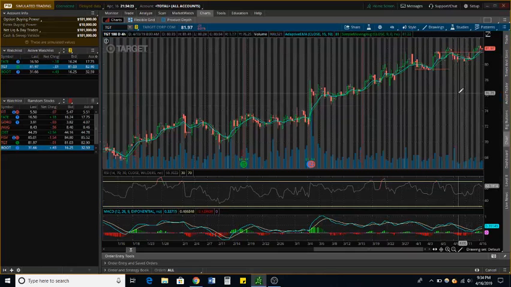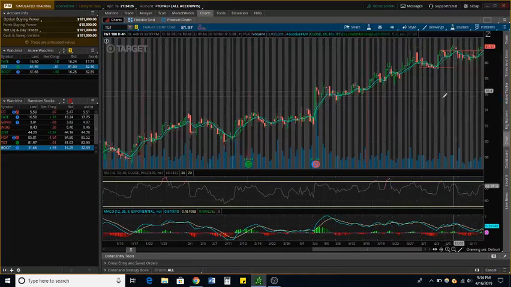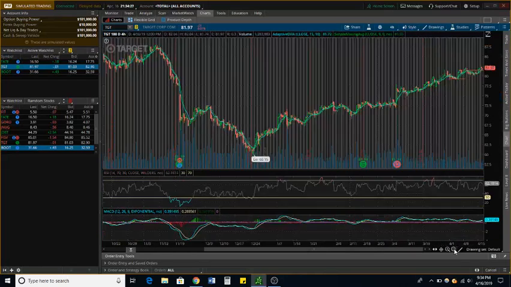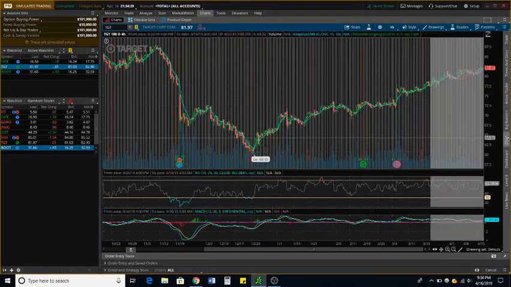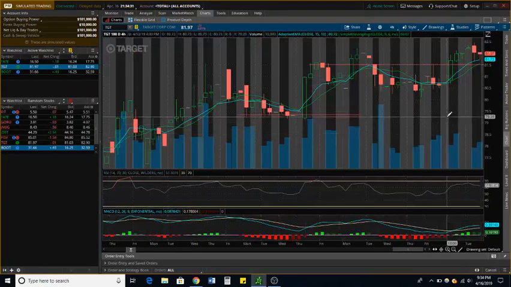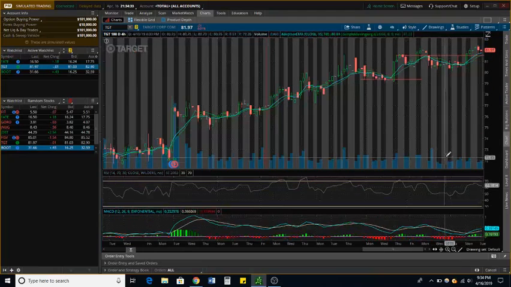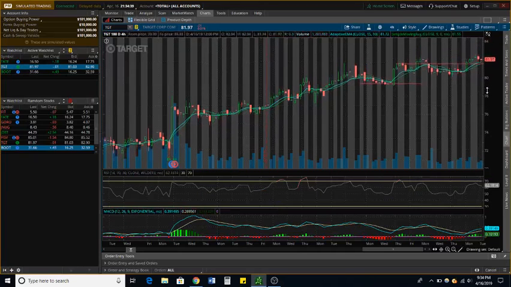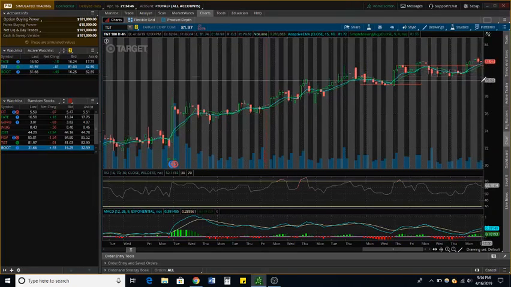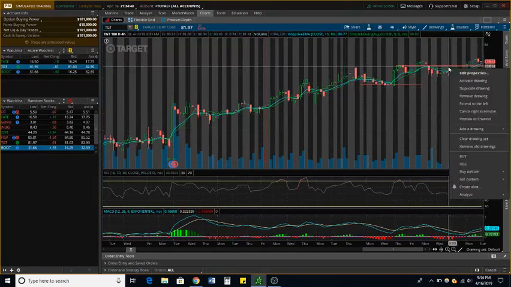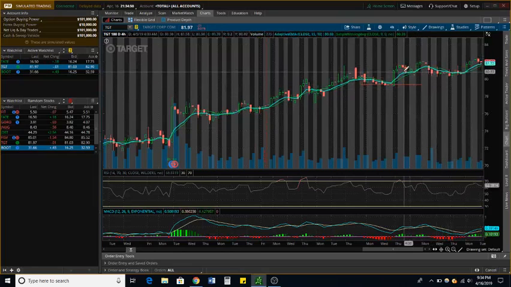Put it there. It's a pretty close stop loss, but maybe a bit too close, actually.